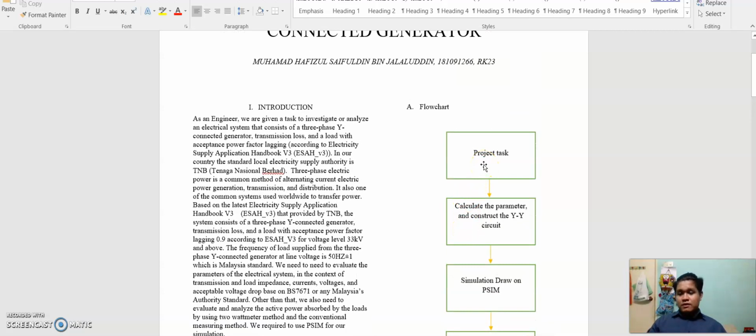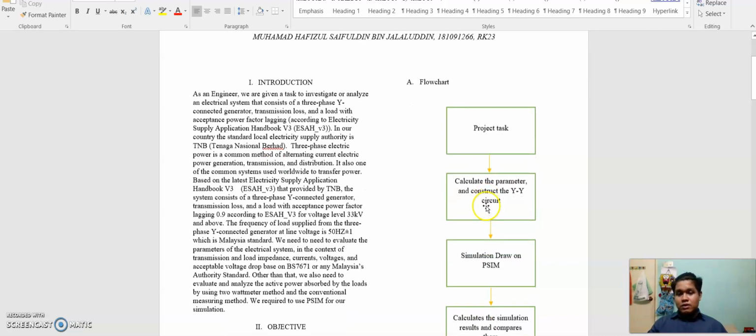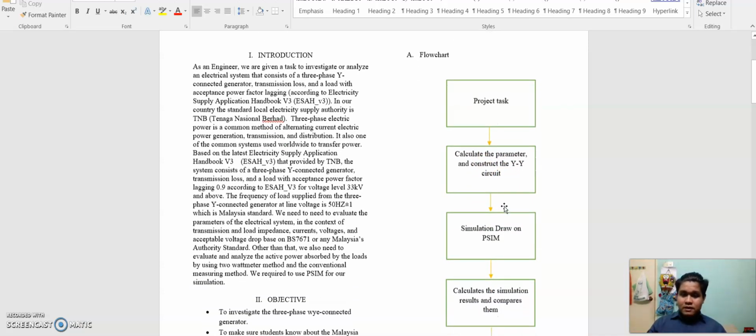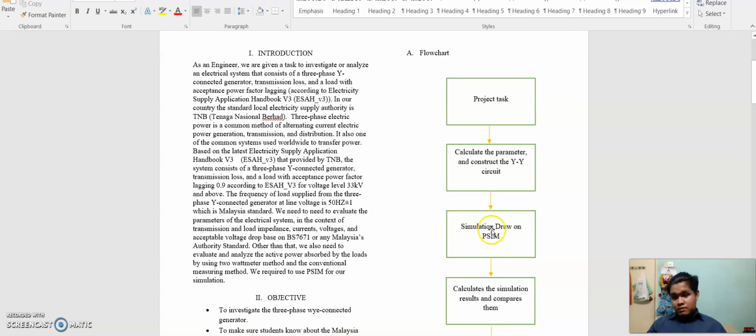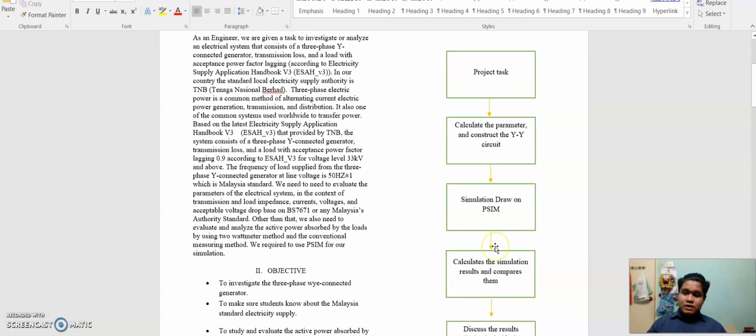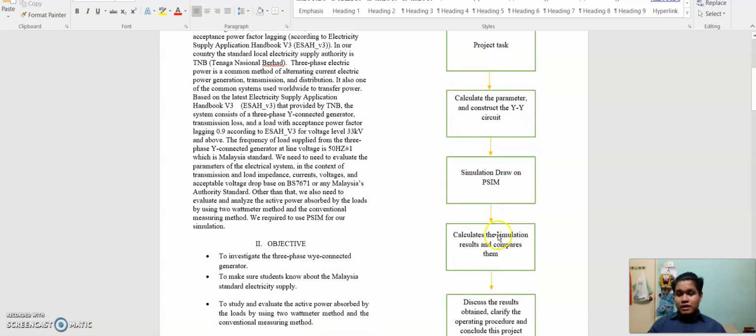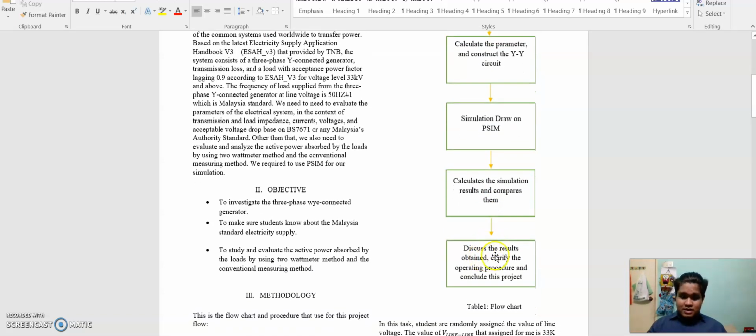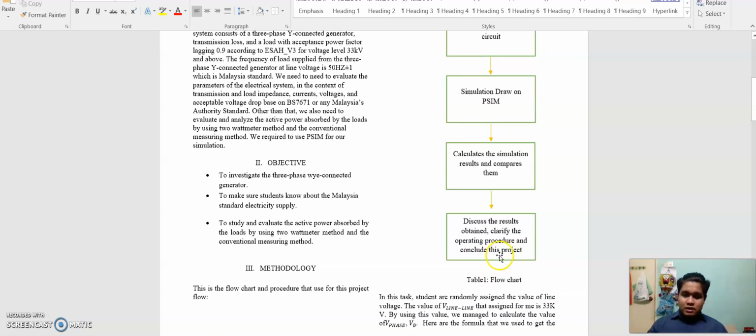According to the flowchart, first is the project task, and then we calculate the parameters and construct the Y circuit, and then we draw a simulation on PSIM, so we can get values similar to the calculation. Then we compare the simulation result with the calculation, discuss the result obtained, clarify the operating procedure, and conclude this project.